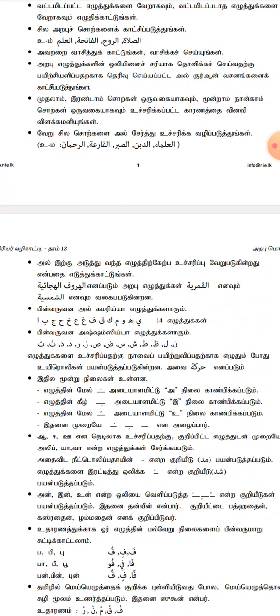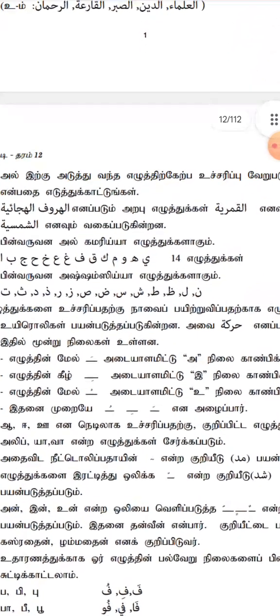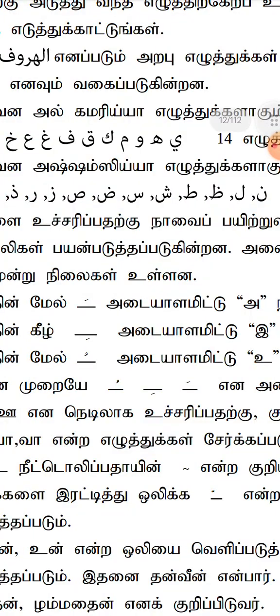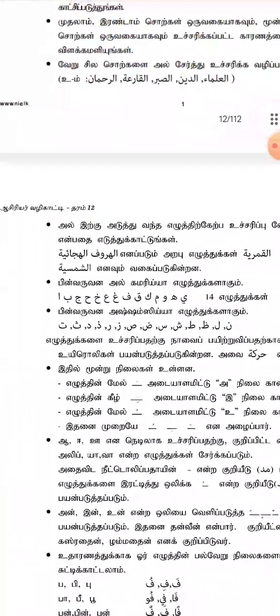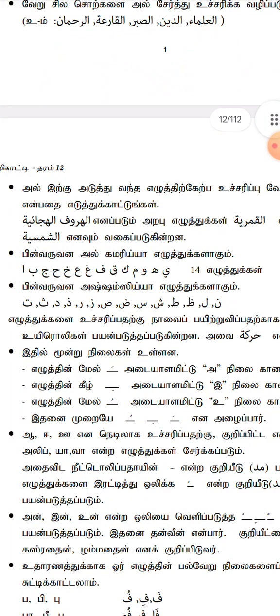Now we are going to study how to pronounce. I gave you the letters with the video on how to pronounce them. Now, by using the harakat, you can see it here. Harakat means that using them only we can read the letters and words.